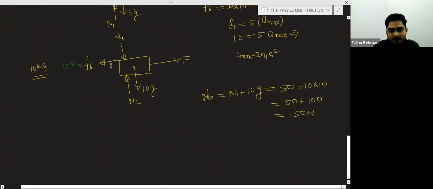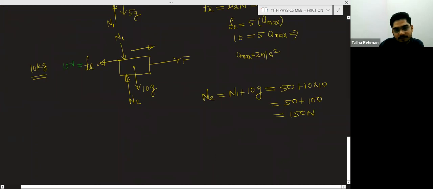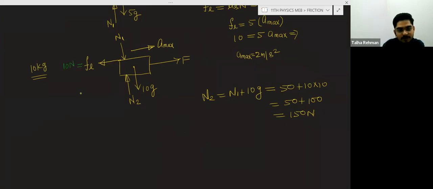Now we will apply this A max here. So we will use this maximum acceleration here. What will be the equation of force? This F is acting in this direction and this 10 Newton is acting in this direction.